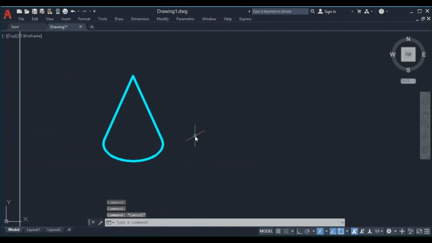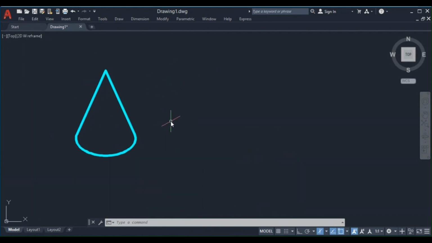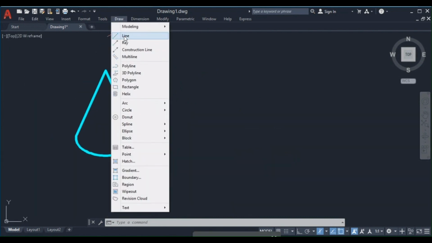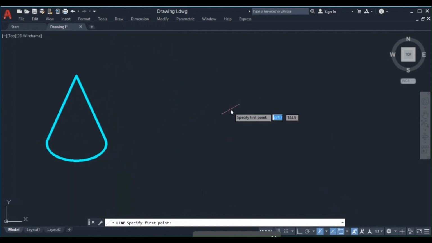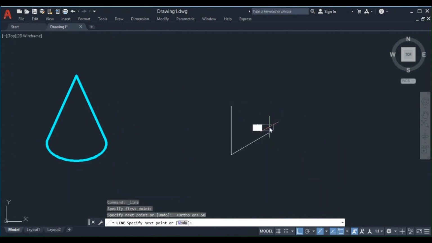Similarly, draw with axis horizontal, that is axis perpendicular to VP. So take this 50, 50, again 50, again 50.